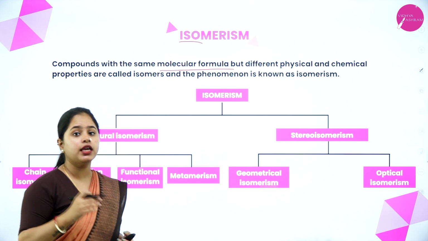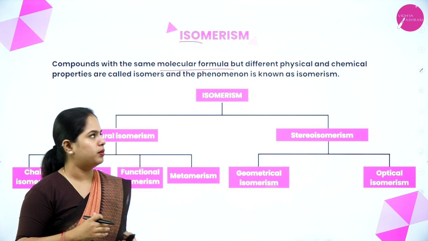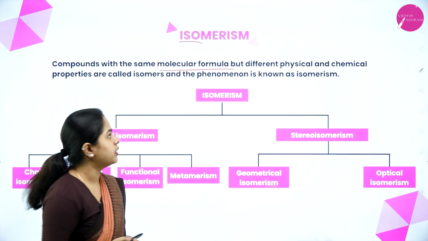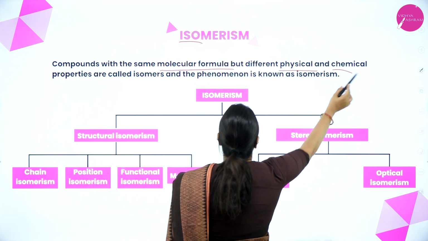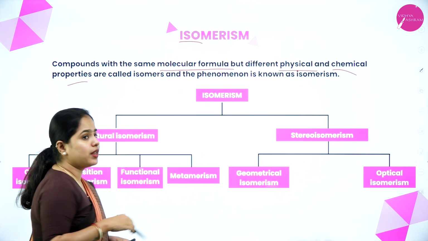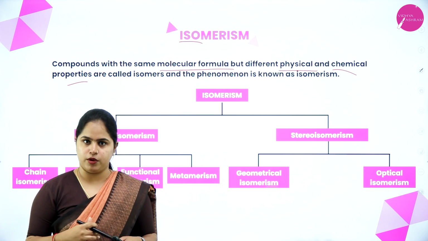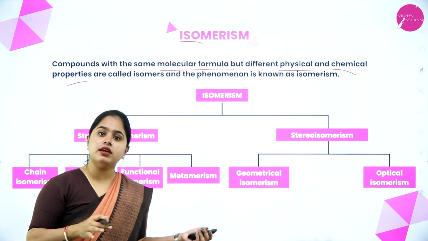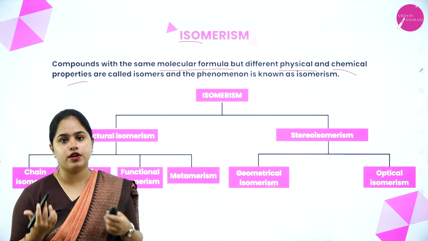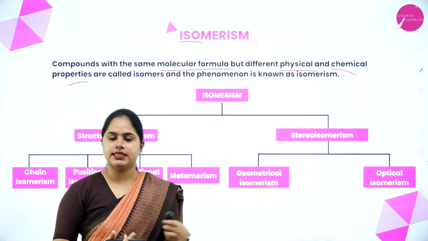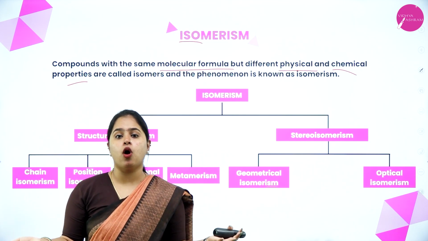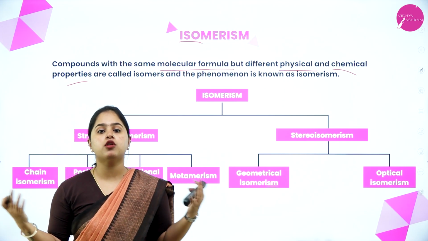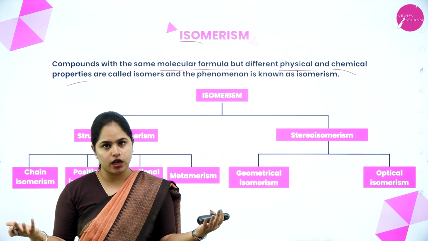They have the same molecular formula, but what are they differing in? They differ in physical and chemical properties as well as in their structural formula. So they are different compounds, not the same compound, having the same molecular formula.